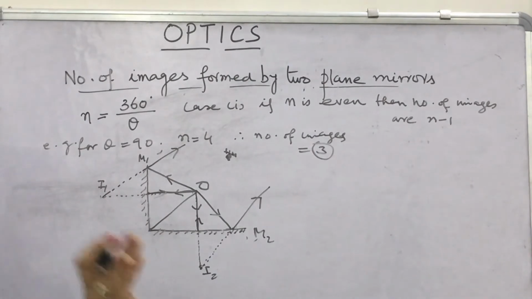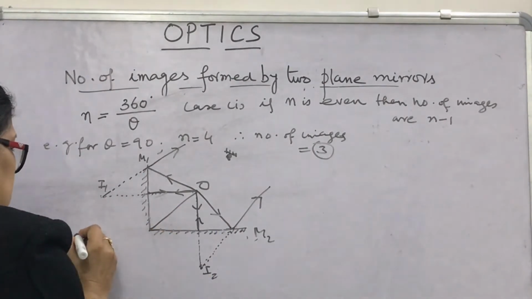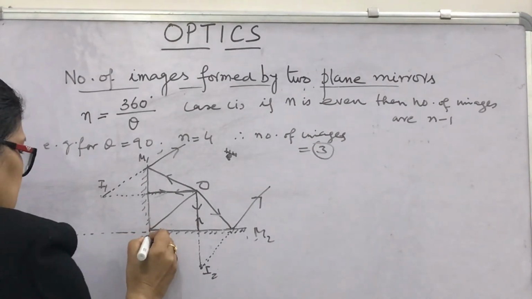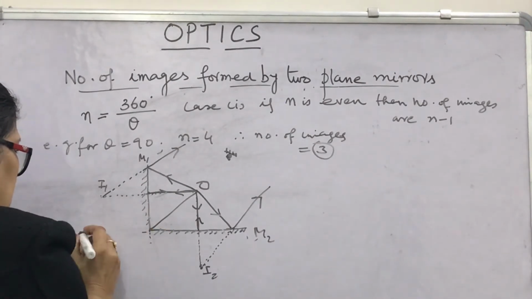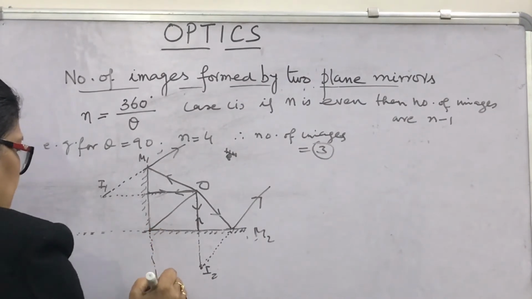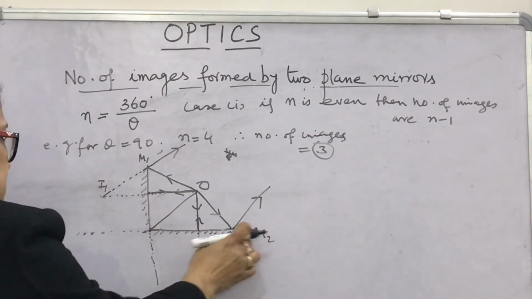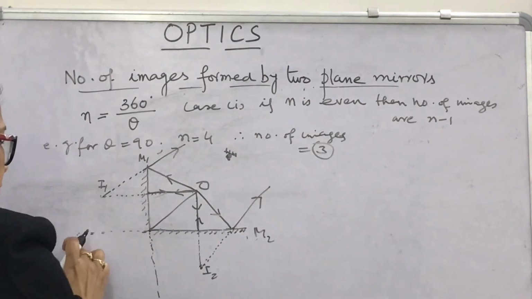Where will the third image be? Look, if you extend the mirrors in such a way that these straight lines show the extended positions of mirrors M1 and M2, then this I1 will act like the object for the extended position of mirror M2.